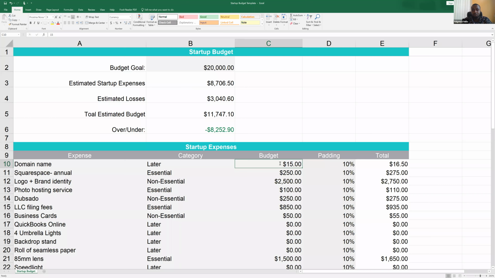So if you put $50, again, the estimated startup expense also changes here. So we'll retain our $20. Then we have padding. When you are pitching your idea to an investor, and you have this kind of a budget, we have people who like to pad the amount of money, and this can allow you, in case you have over or under estimated the amount.